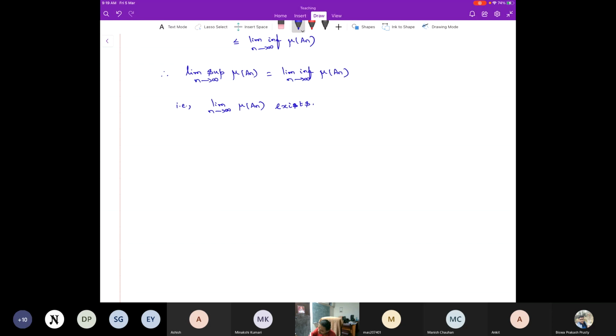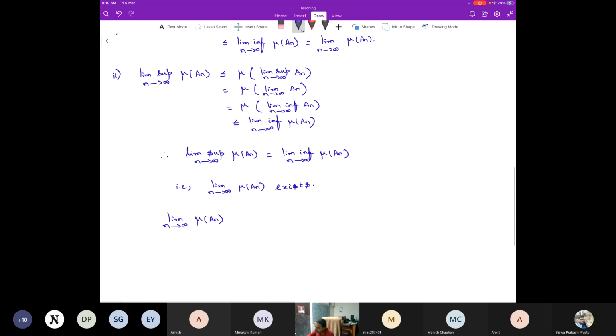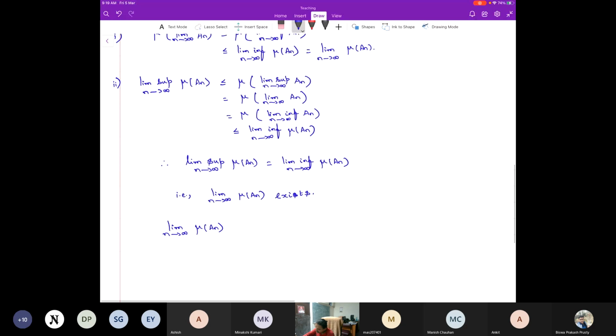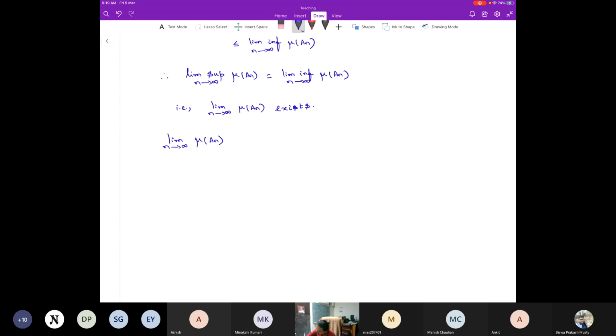On the other hand, so by 1, what is it that we know? We have already seen, so by 1, now we wanted the limit as n tends to infinity of mu of a n.